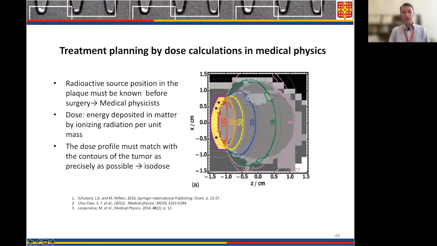So these lines are dose contours. They represent the level of energy that will be deposited in a simulated tumor, just beside the radioactive plaque. And so the tissue located very, very close to the radioactive plaque will be treated with more energy, so the cells will be killed more rapidly.